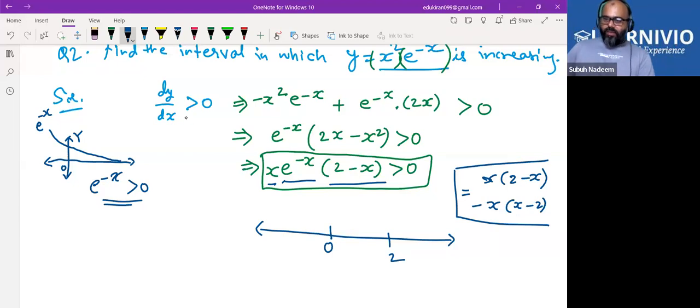So in wavy curve method, we have studied that the rightmost portion will have the sign which is the sign of the expression. So this is negative here. This is again positive here. Then this is again negative. Do you remember this?